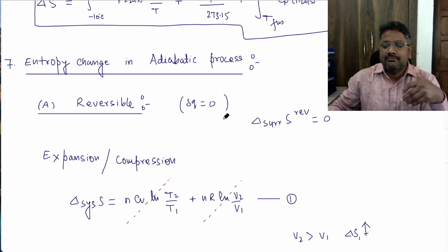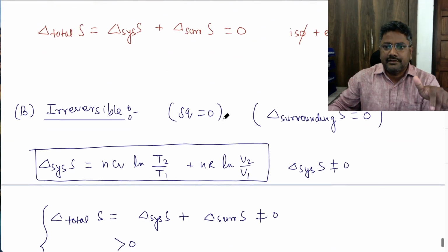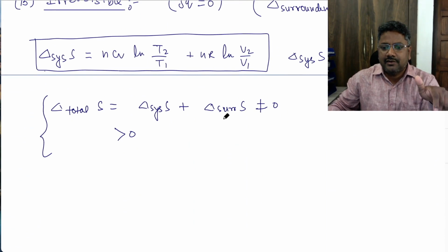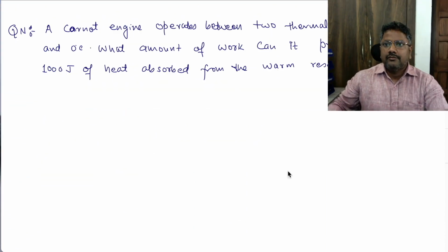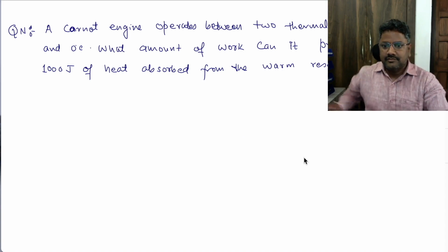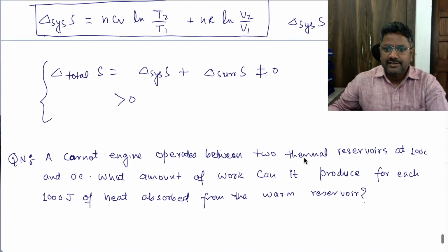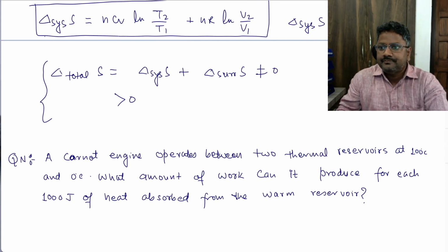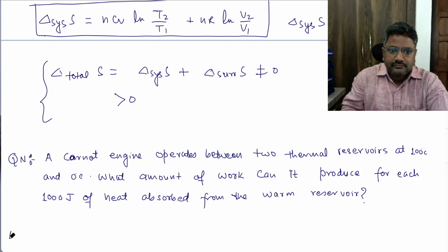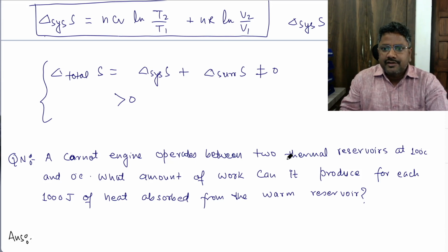So let's do some practice on these formulas, how to apply them on the questions, right? Let's do some problems based on all the above formulas which we have discussed here. See, read carefully this problem. A Carnot engine operates between two thermal reservoirs at 100 degrees Celsius and 0 degrees Celsius.